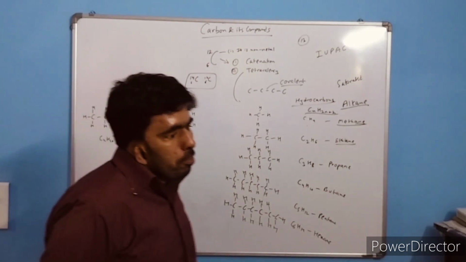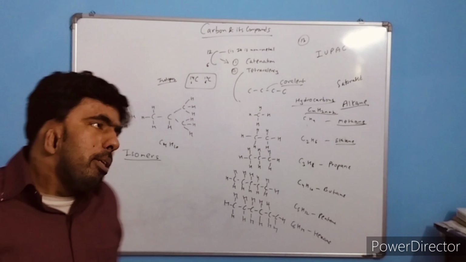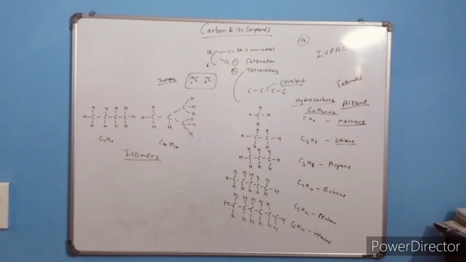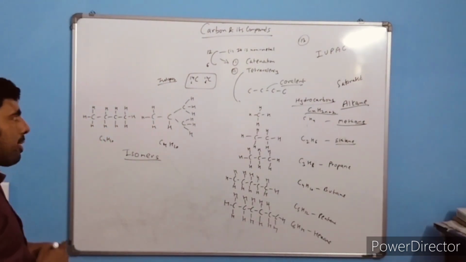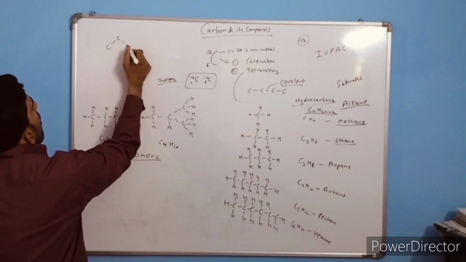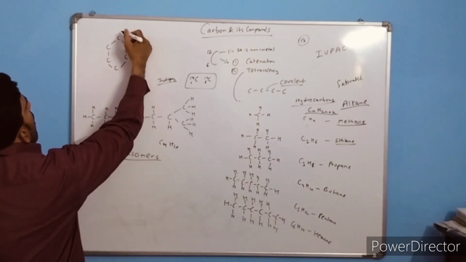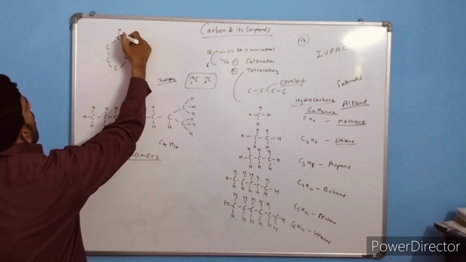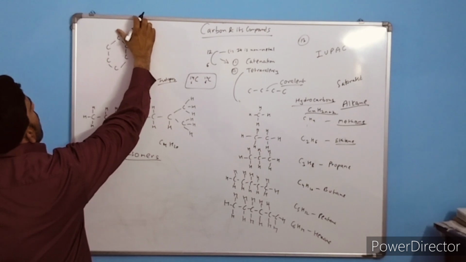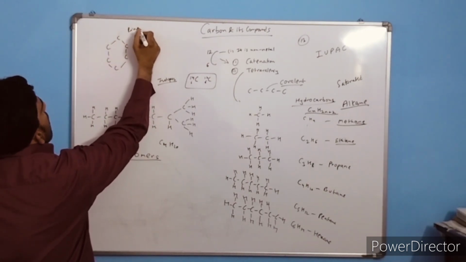Now I will explain what a ring structure is and how it is different from these two structures. Let us draw one more structure now. Okay, I will draw later on. That structure is called ring structure.